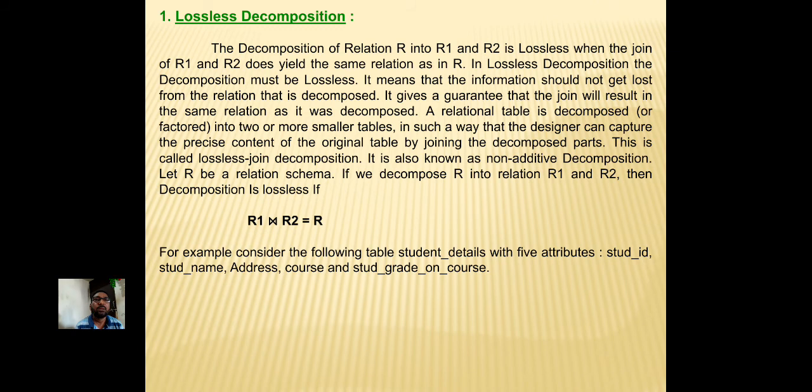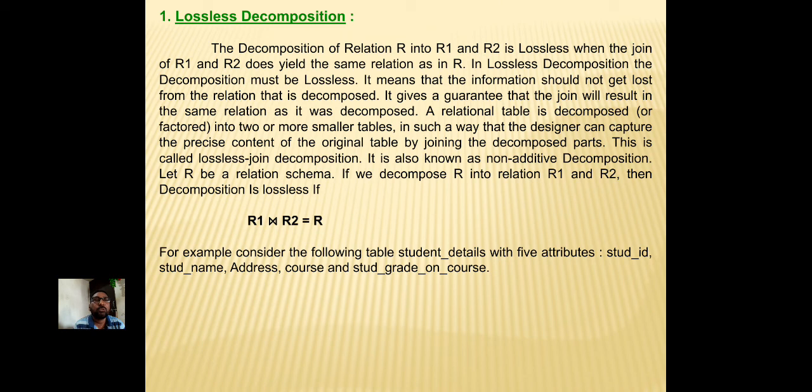It gives a guarantee that the join will result in the same relation as it was decomposed from. A relation table is decomposed or factored into two or more smaller tables in such a way that the designer can capture the precise content of the original table by joining the decomposed parts. This is called lossless join decomposition.